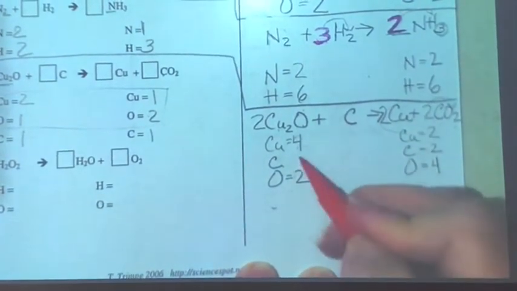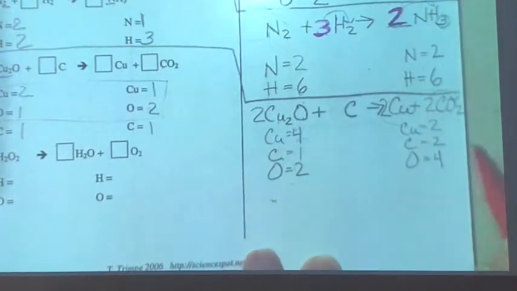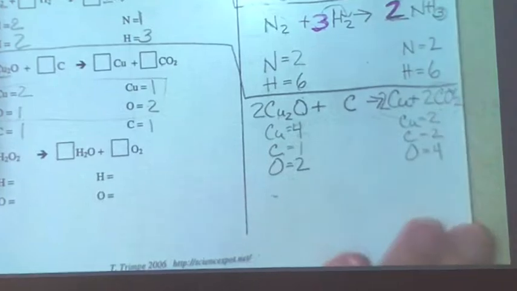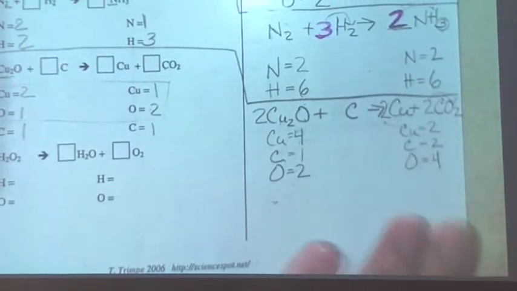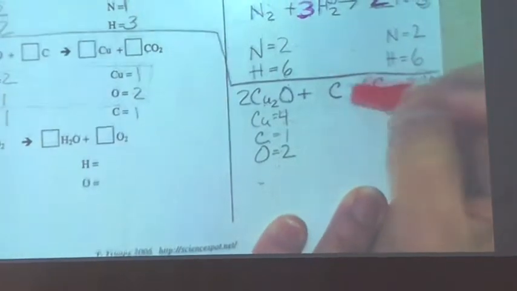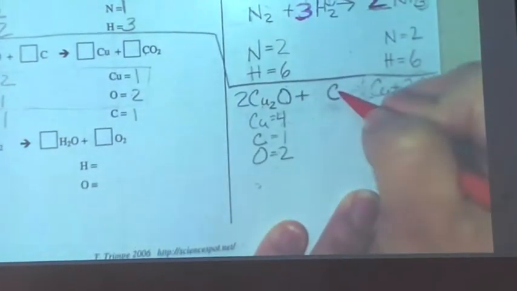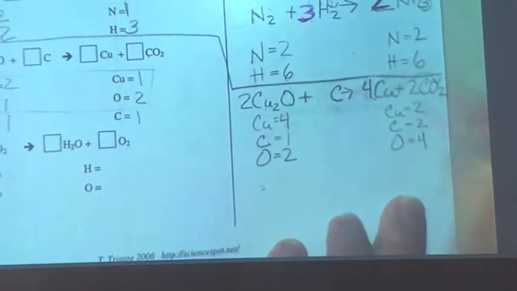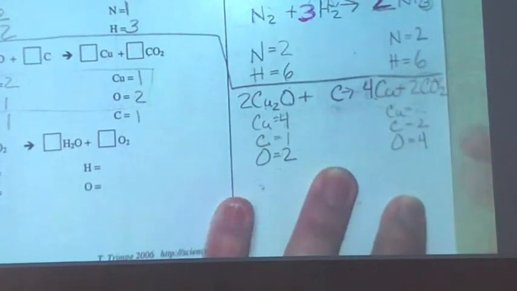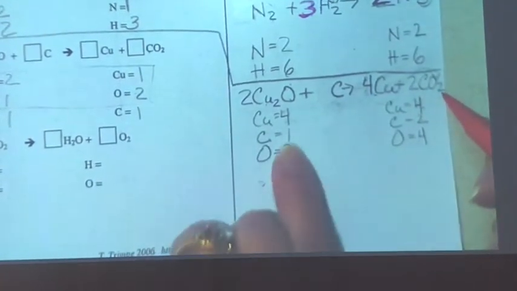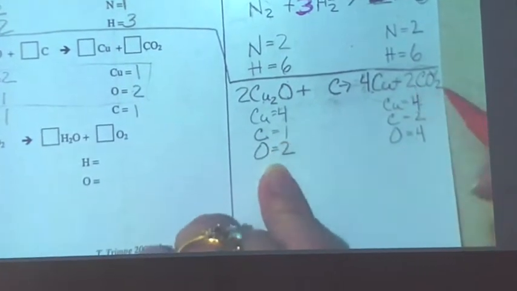And right now I have 1 carbon. Definitely not balanced. All right, so what do I have to fix? Cu, I don't need 2, I need 4. So I can erase that. Let me move that arrow out of the way. Put a 4 in front of it. All right, so that's going to change this to 4. And what about this? I've got 1 carbon and 2 oxygens.